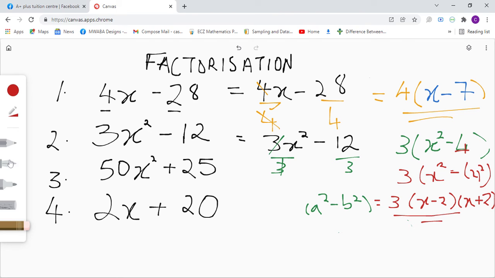Let me just erase that so I can make room for question 3.